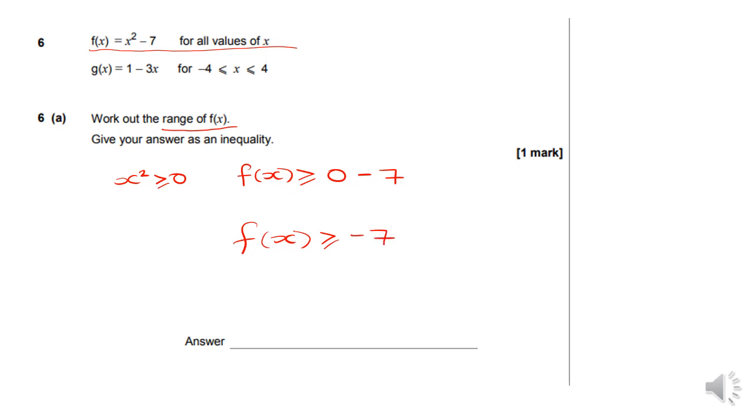In fact, the only way it can have that value is when x is 0. As soon as x takes a value either greater than or less than 0, squaring it makes it positive, and then we're taking away 7 from a positive number, so we're going to have just slightly more than -7 at least. I hope that makes sense.